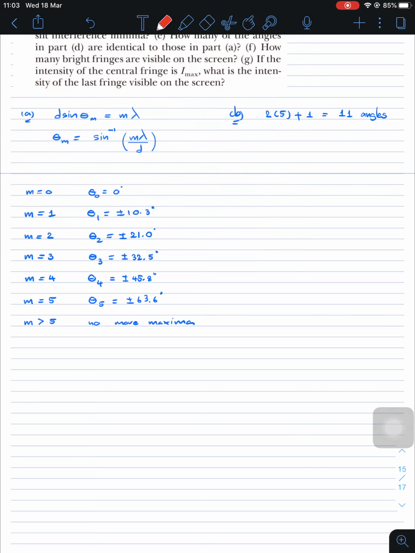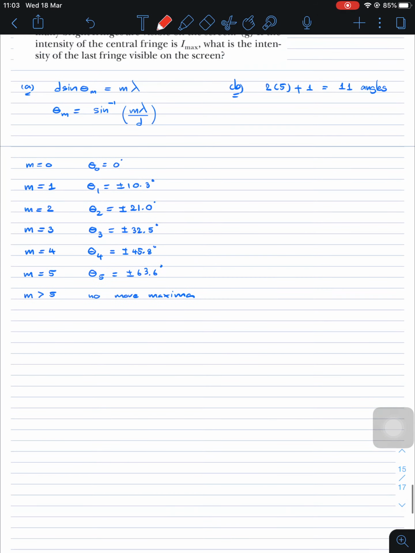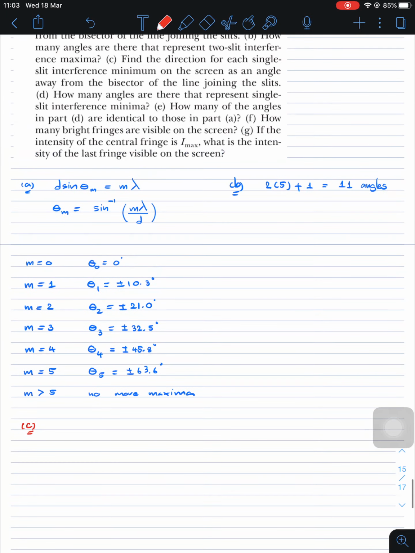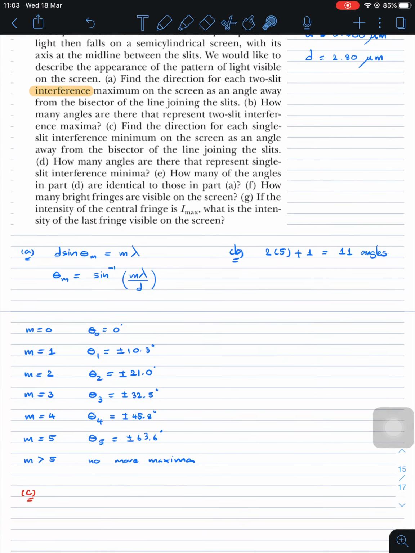Now part C. Find the direction for each single-slit interference minimum on the screen as an angle away from the bisector of the line joining the slits.